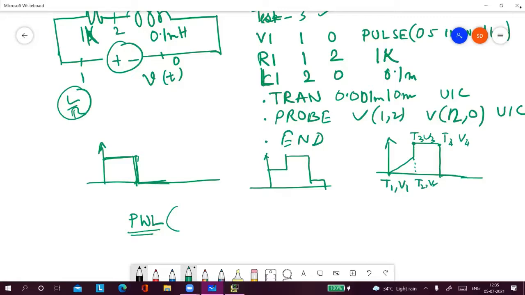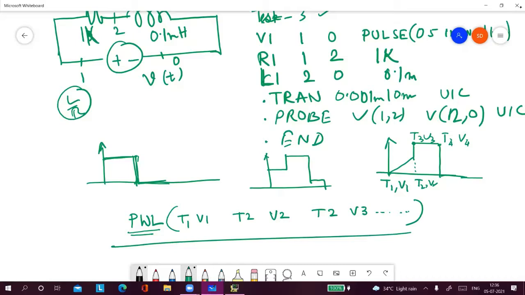So write the first time coordinate, then the value, then the time coordinate, then the value, and so on. This is how you can generate a single pulse, or any waveform with no repetition. This is called piecewise linear, PWL. Okay, let us analyze.